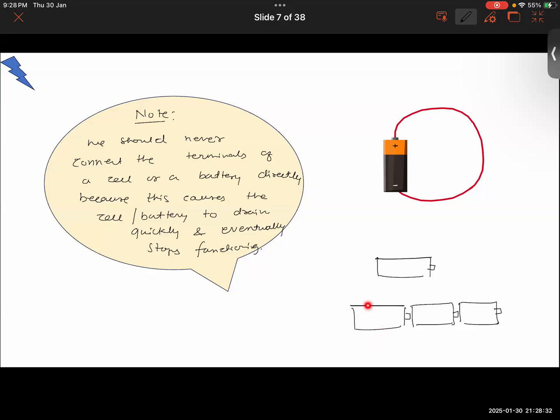When we have lighter tasks to do, like small devices such as clocks and lamps, we can use a cell. But for heavier tasks, like inverters in cars, the battery is preferred.